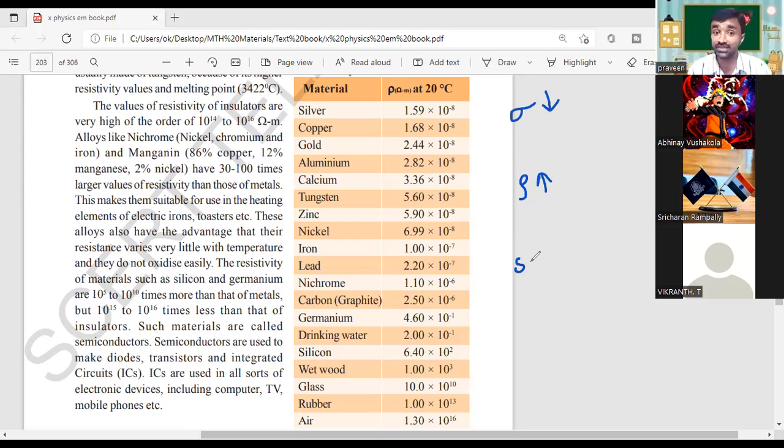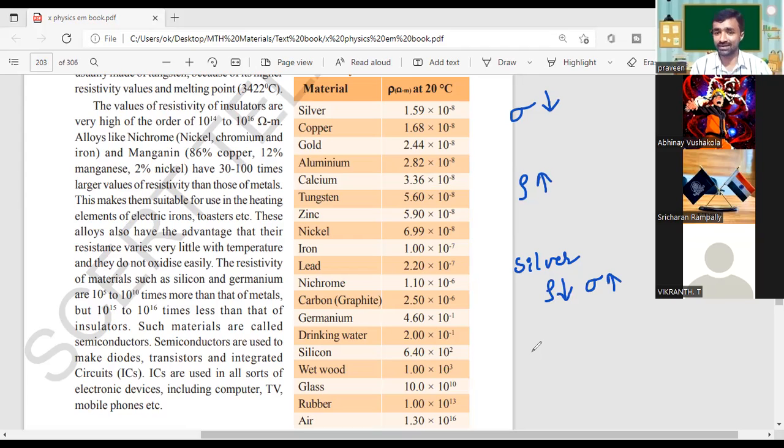Which is the lowest resistivity here? The material which has lowest resistivity, is it the air or the silver? Air or the silver? It is silver, right? It has lower resistivity value and conductivity value is maximum.